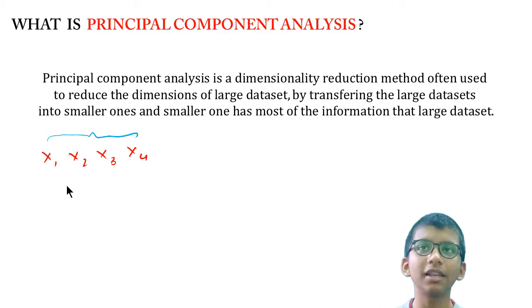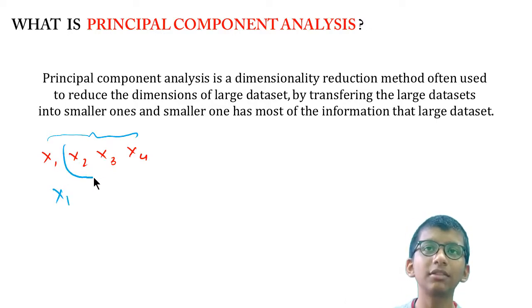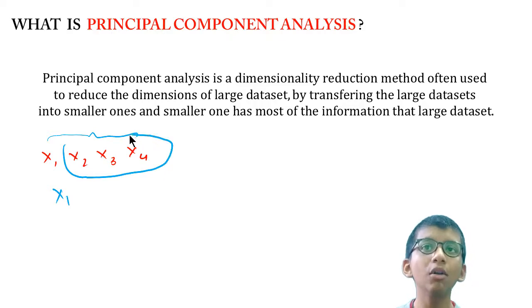We are left with x1, and all the information contained in the other three goes onto it, and thus we get x1 as our principal component.